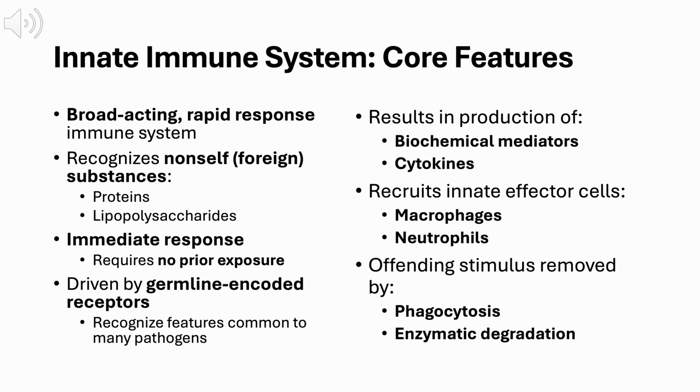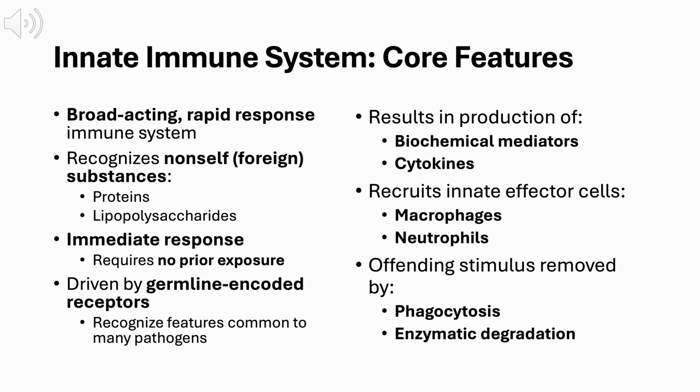Now that we have reviewed the major cellular players, we can summarize the defining features of the innate immune system. Innate immunity is broad-acting and rapid. It recognizes common non-self patterns, such as microbial proteins and lipopolysaccharides, without requiring prior exposure. This response is driven by germline-encoded receptors that detect features shared across many pathogens.